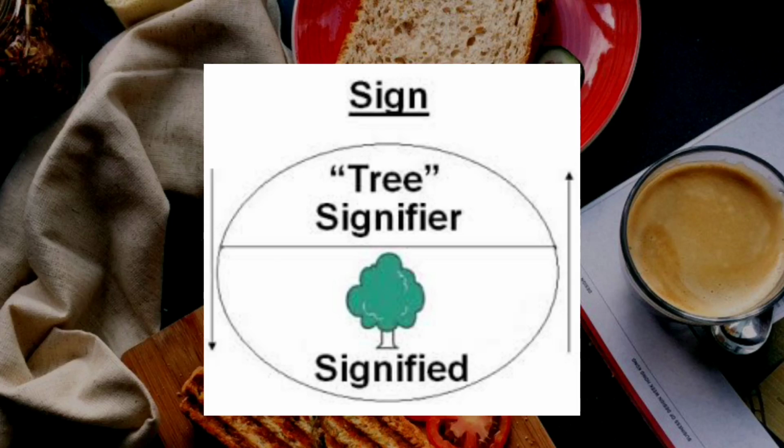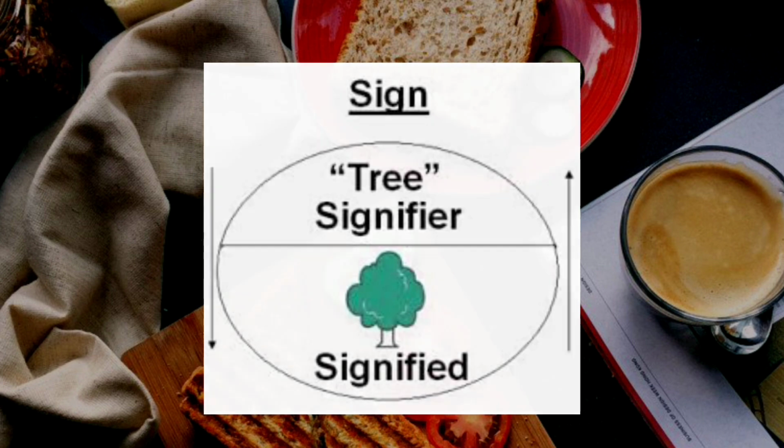Peirce also influenced the semiotic school of structuralist theory that uses sign systems. Roland Barthes and Jacques Derrida were the ones to focus on how structuralism could be applied to literature.